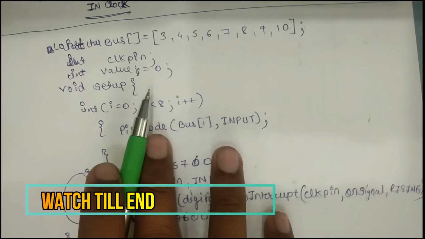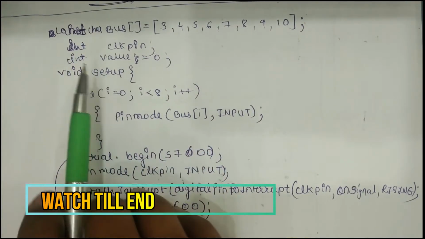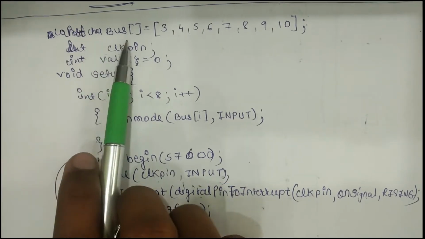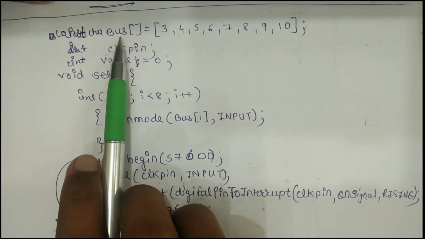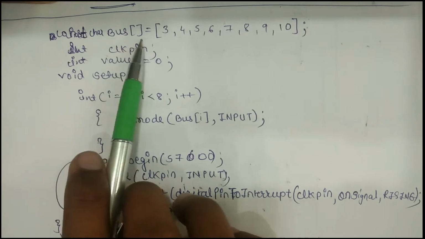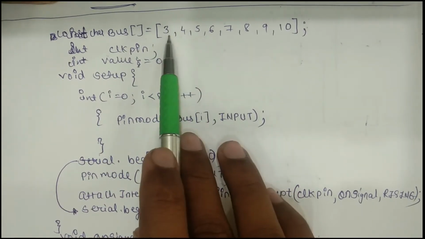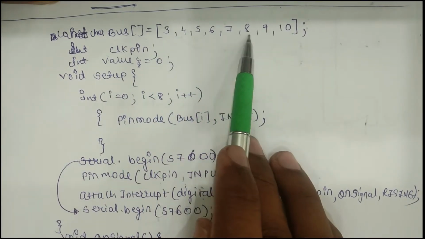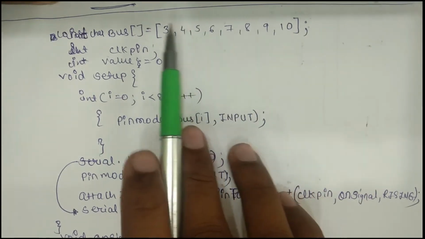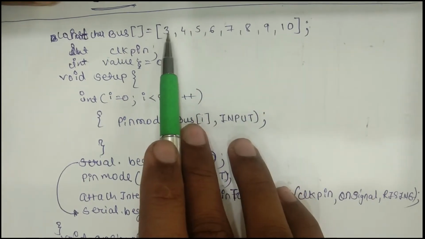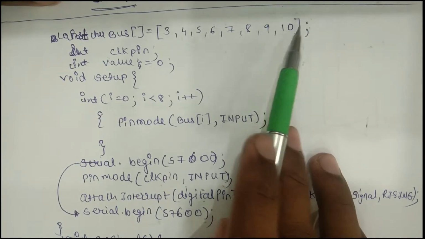Here we'll be declaring a constant character array, which we will name bus. We'll be defining digital pins 3, 4, 5, 6, 7, 8, 9, 10 as inputs, as it is 8-bit from 0 to 7.